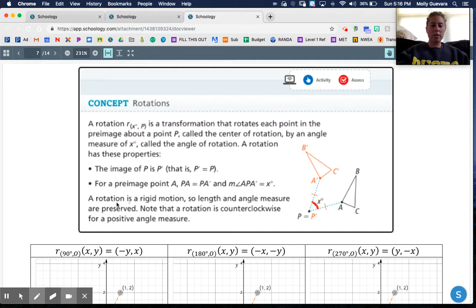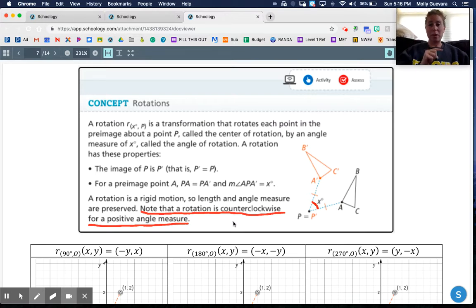Quick note is that a rotation is a rigid motion, so the angles and the length of the sides do not change. This is really important right here. A rotation is counterclockwise for positive angle measures. That is so important. So if I tell you to rotate 90 degrees, it means 90 degrees counterclockwise, right?